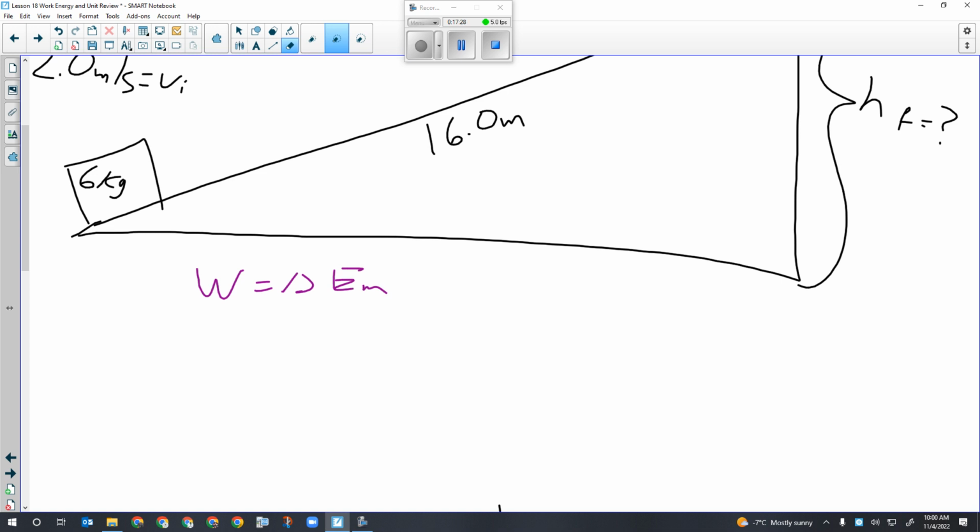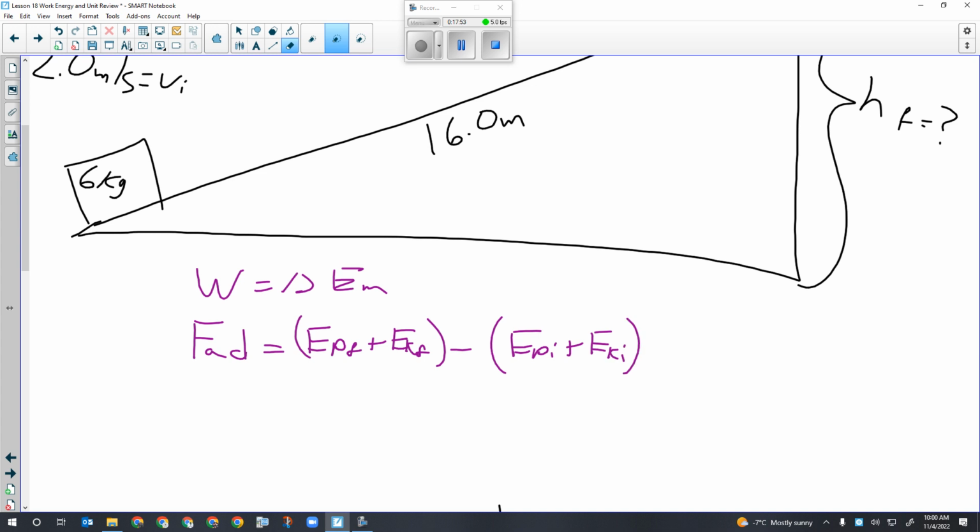That's going to mean the applied force they gave me times the distance, the length of the ramp, is going to be equal to the change in mechanical energy. So that's going to mean my final potential plus my final kinetic minus my initial potential plus my initial kinetic.